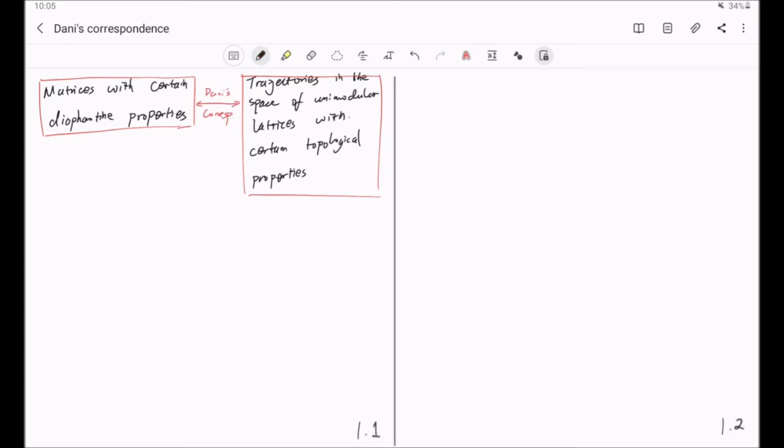Let me start with our first definition, about the singular matrices.